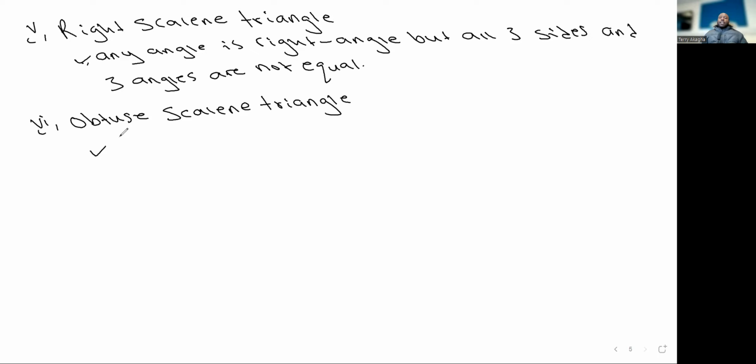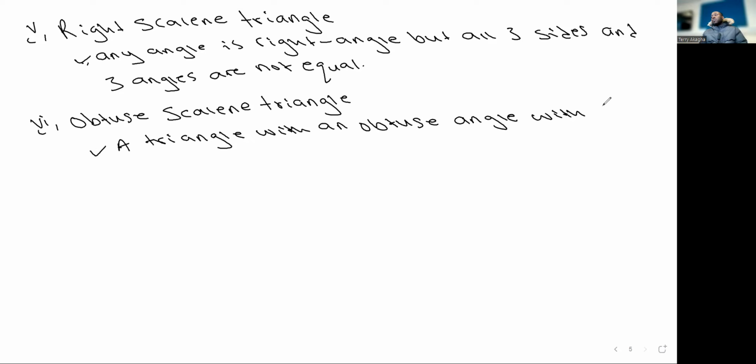So the obtuse scalene triangle is a triangle with an obtuse angle, with sides of different measures.